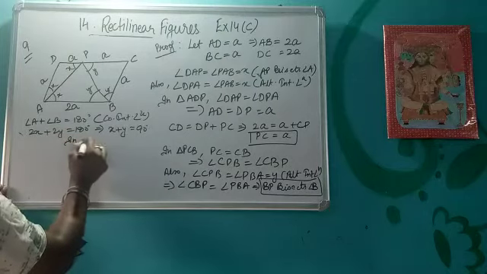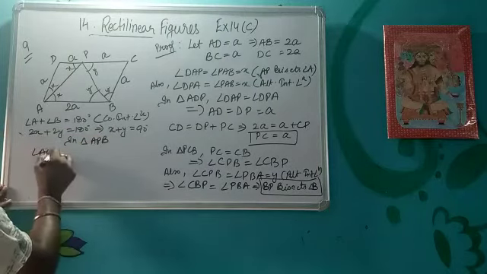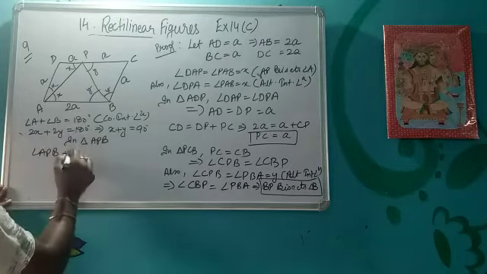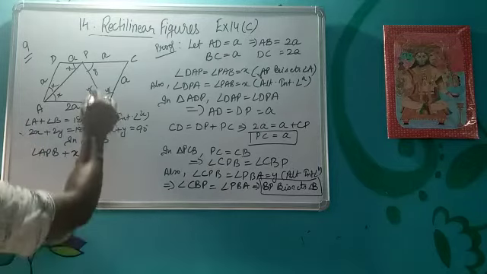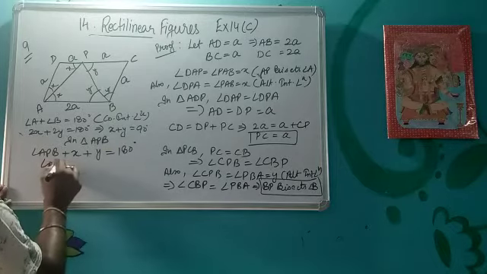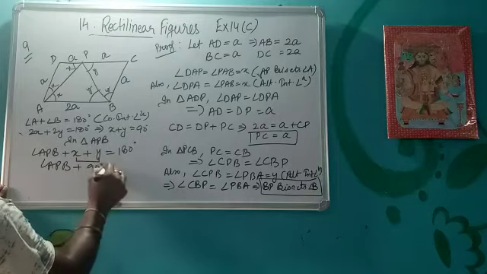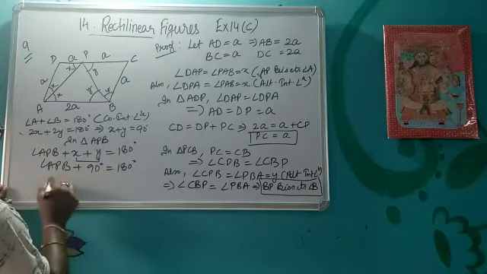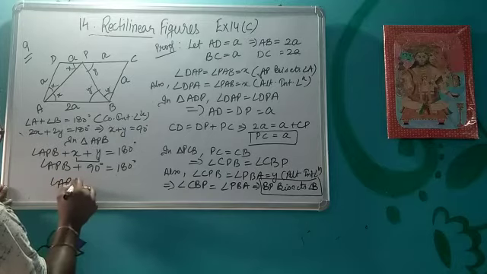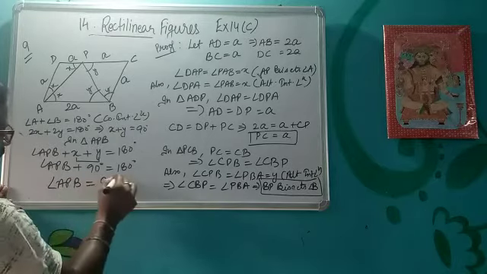Now in triangle APB, angle APB plus x plus y is equal to 180 degrees. So what is x plus y? X plus y is 90 degrees. So from here we will get angle APB equal to 90 degrees.